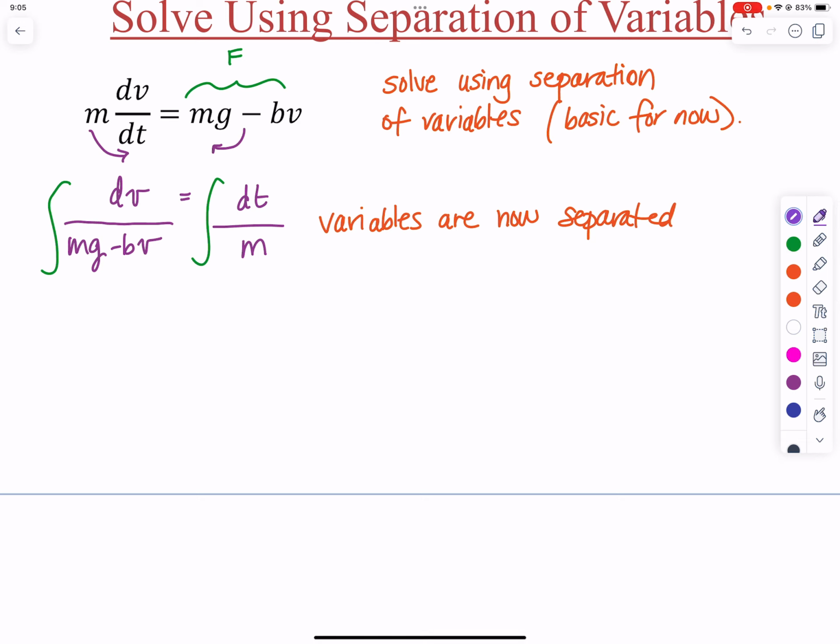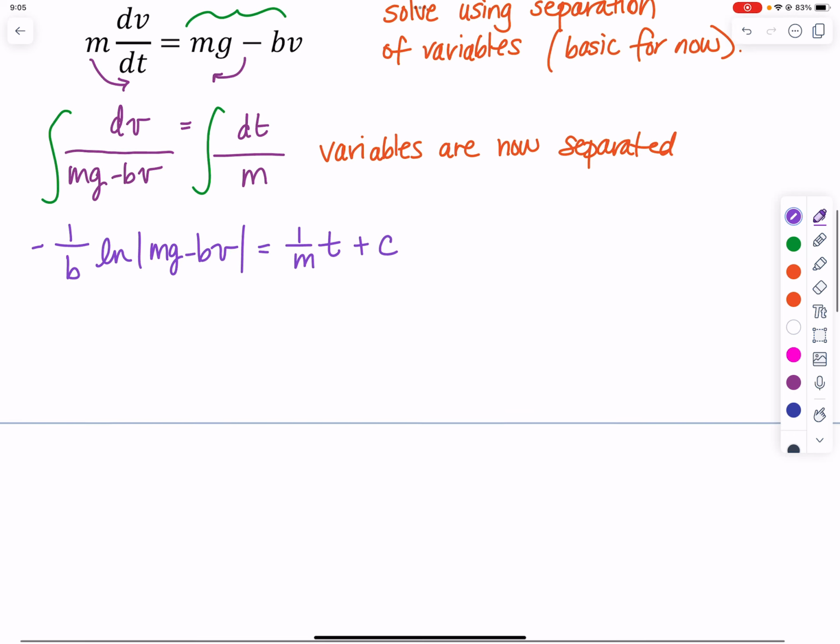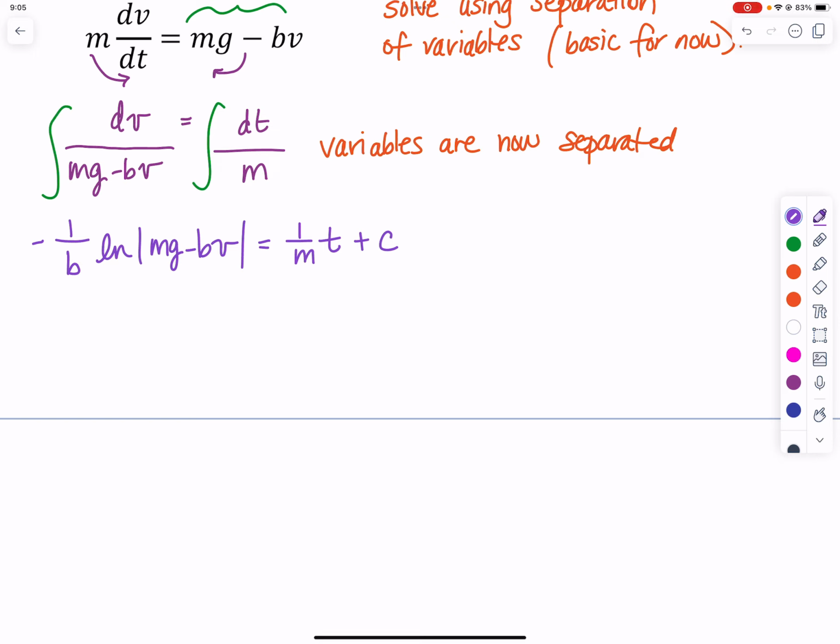So here we have the opposite of 1 over b times the natural log of that denominator is equal to 1 over m multiplied by t plus our constant. Okay, let's multiply both sides by the opposite of b, and we'll put that t in the numerator.